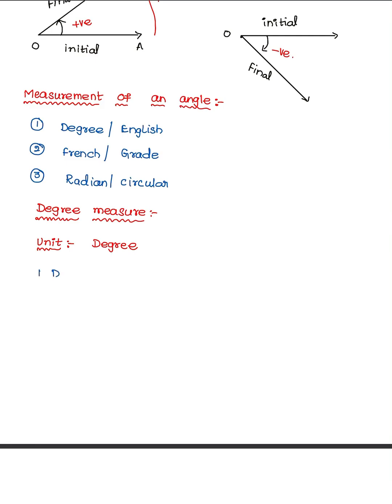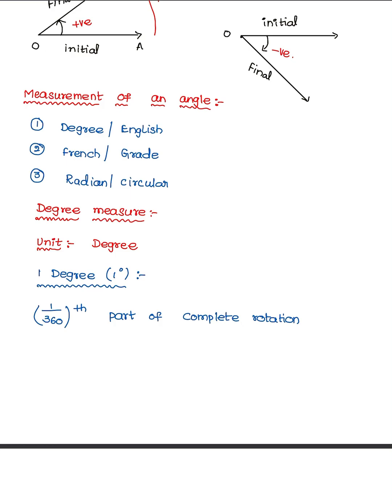1 degree usually we write like this. So 1 degree is exactly what? 1 out of 360th part of a complete rotation, we call it 1 degree.